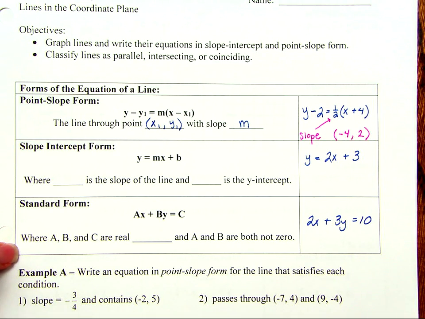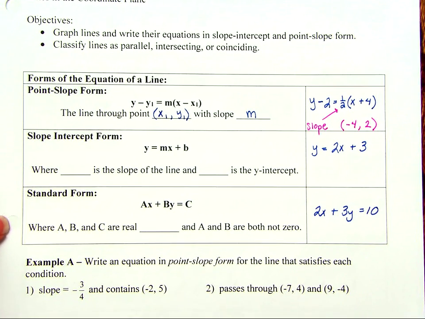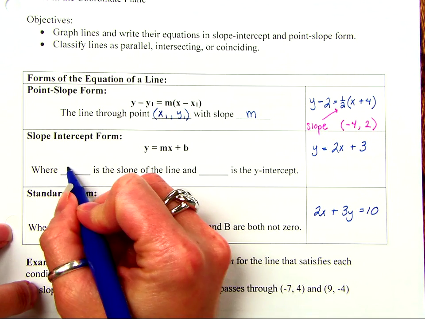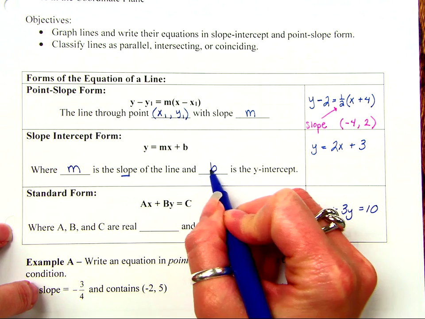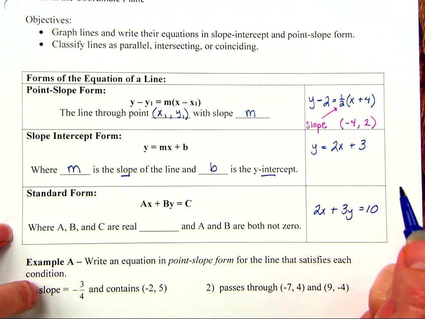The second equation form that we're going to look at is slope-intercept form. I feel most of the time kids are the most familiar with slope-intercept form. Slope-intercept form, y equals mx plus b, where, again, m is the slope of our line, and b is the y-intercept.